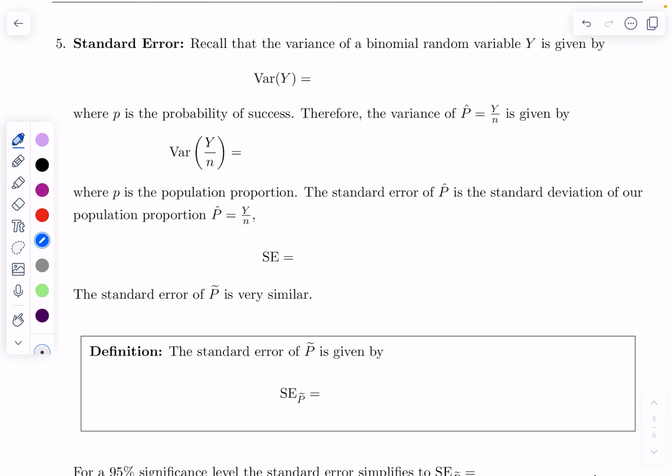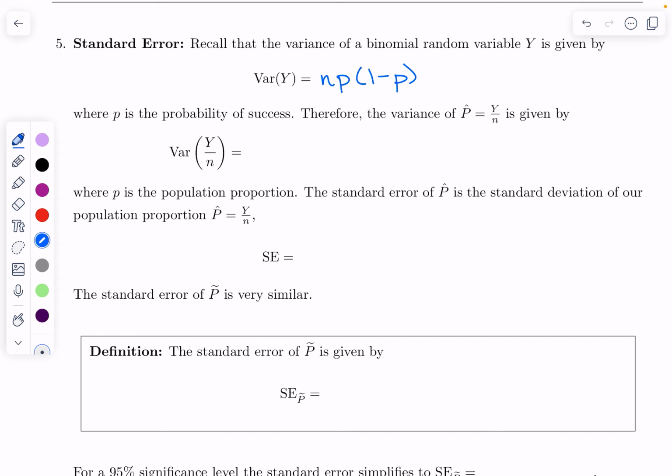To compute the standard error, we're going to recall that the variance of a binomial random variable y is given by the variance of y, which is np times 1 minus p. Now, our p hat, which is going to estimate the population proportion, is given by y over n. We think about y as a random variable that's counting the number of individuals that have that trait in our population.